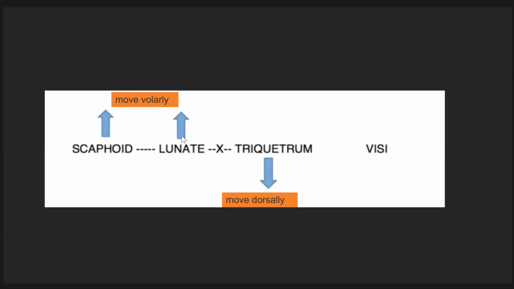In VISI, the scaphoid moves volarly or anteriorly, and the lunate also moves volarly or anteriorly due to disruption of the lunotriquetral ligament, and the triquetrum moves posteriorly.